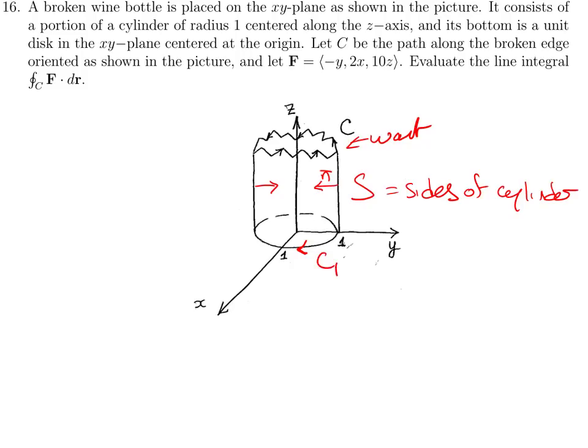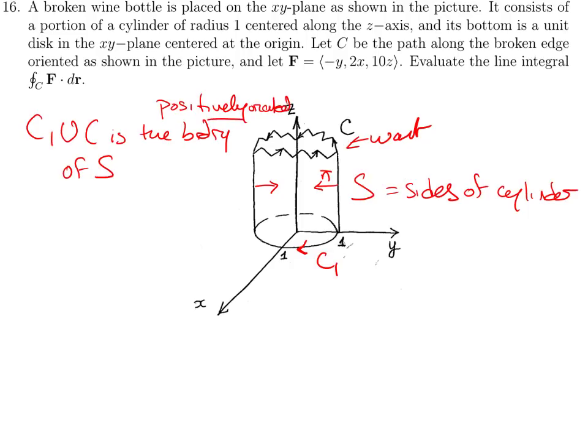Let's call this C1. And now, if you look at this, then C1 union C is the boundary of S, and it's positively oriented. Okay, so Stokes' theorem works for surfaces that have a boundary that has two pieces as well.